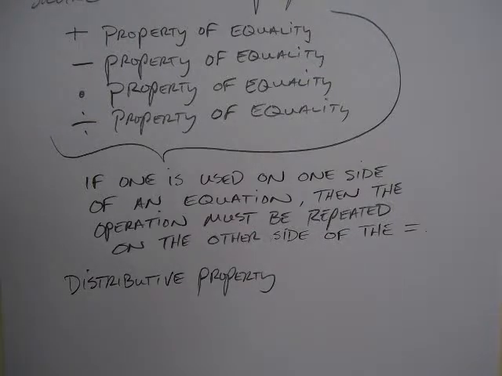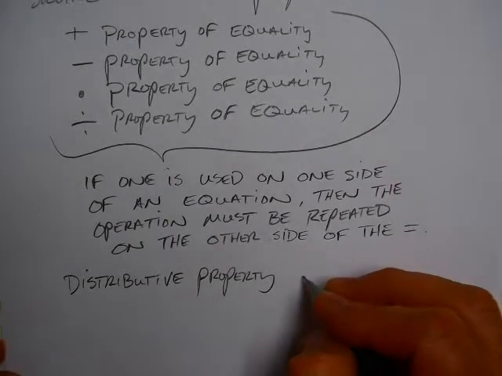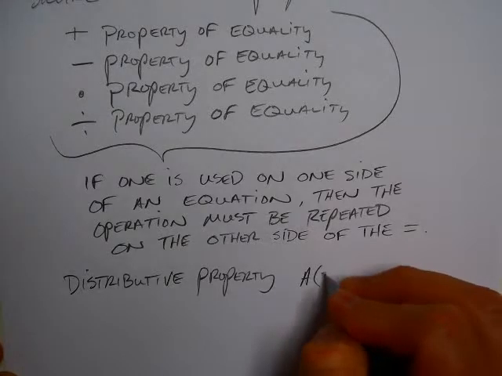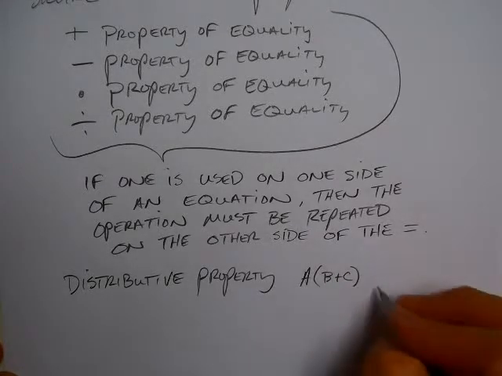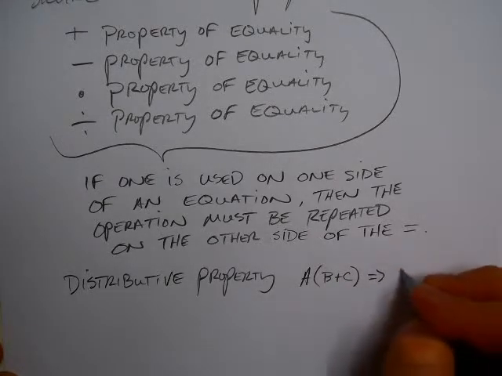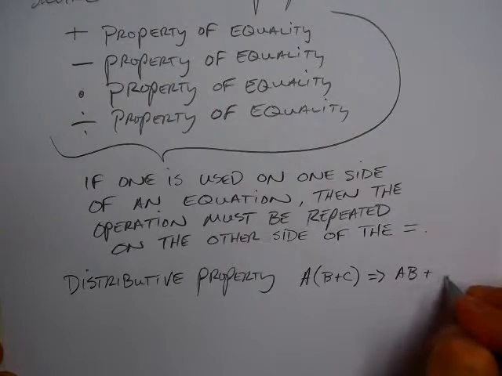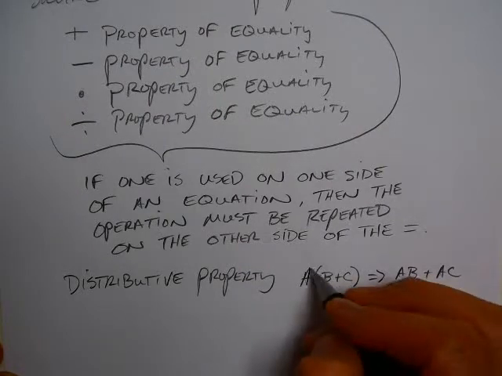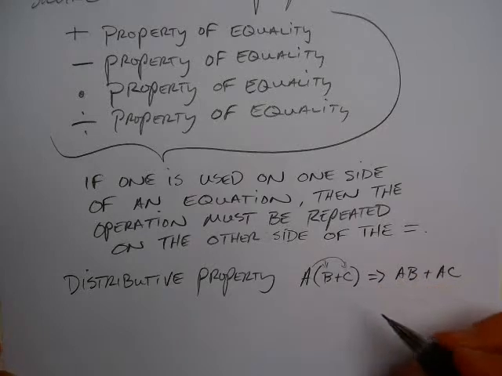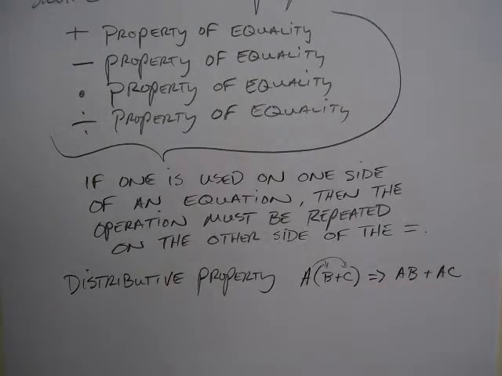When do we use the distributive property? When you got parentheses, right. So something like A times (B plus C) equals AB plus AC. So I can distribute that A to both terms.